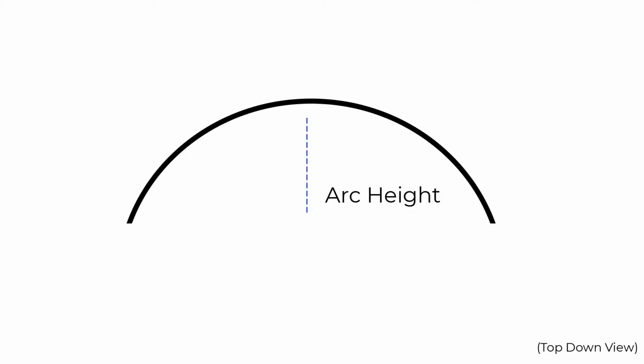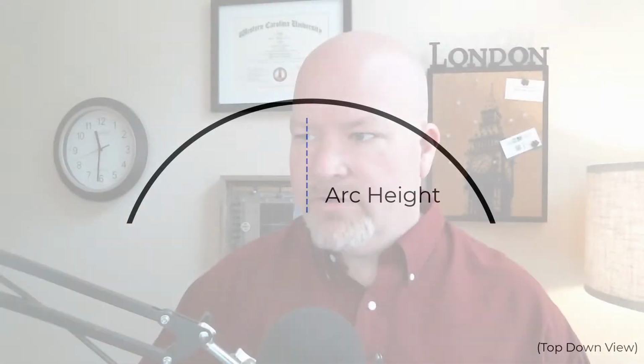And then what you could do, and you're going to have to eyeball this a little bit, is go to the top. Let me see if I can draw in this. So when you have your arc here, you could come out to the top here and go over to the corner. So walk out straight until you're equal with where the top of the arc is. So that's going to be one measurement. And then walk from here across past the peak of the arc, measure over to where you would have a right angle back down to the end of the arc, and that would be your chord.